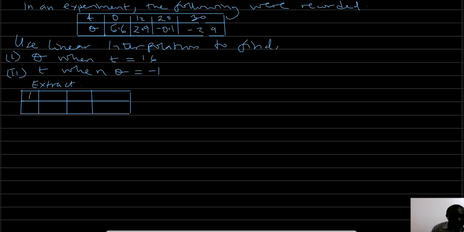So I have t here, I have theta. 16 is here and 20. But the corresponding values for 12 and 20 are there. So here we have 2.9. Here we have negative 0.1. We need to find, I call this A, B, C.